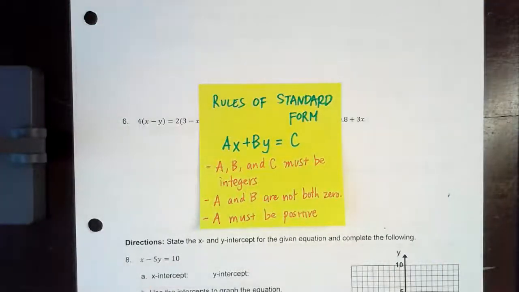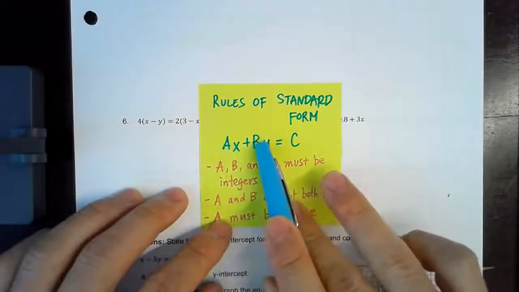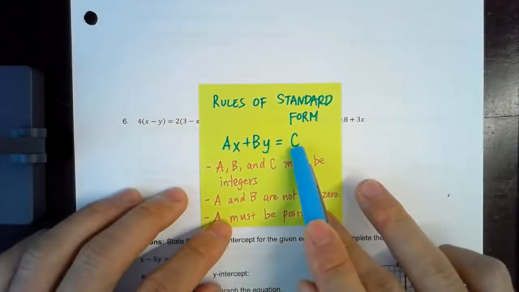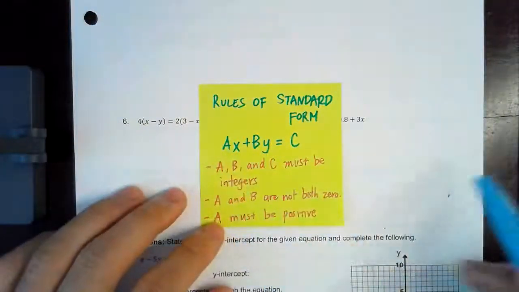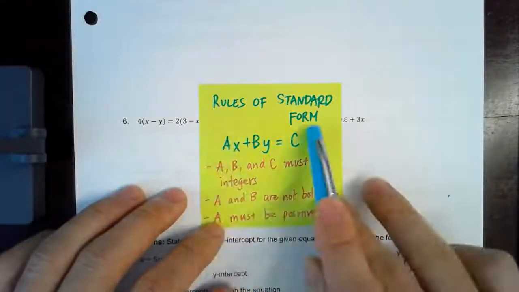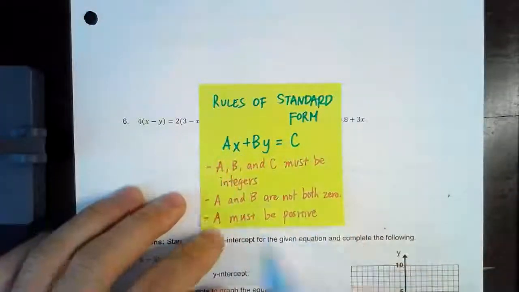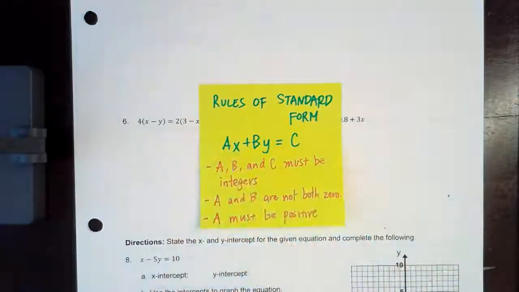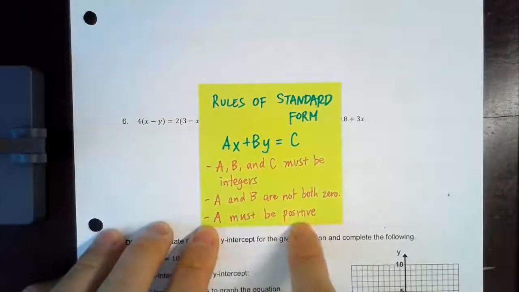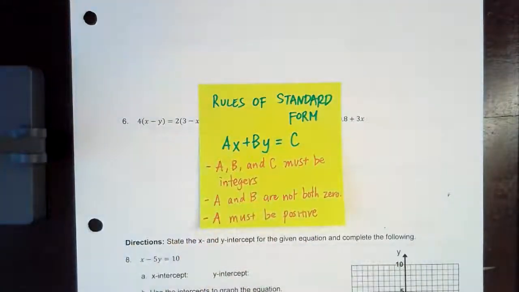So in the event that your A value is negative and let's say your B value is positive and your C value is positive, what you're going to have to do is multiply the entire equation by -1 to convert your A value to a positive. That's literally the standard. Okay, we need to keep our A value positive, and that's because A is the coefficient of X. We always want the X value to be positive.